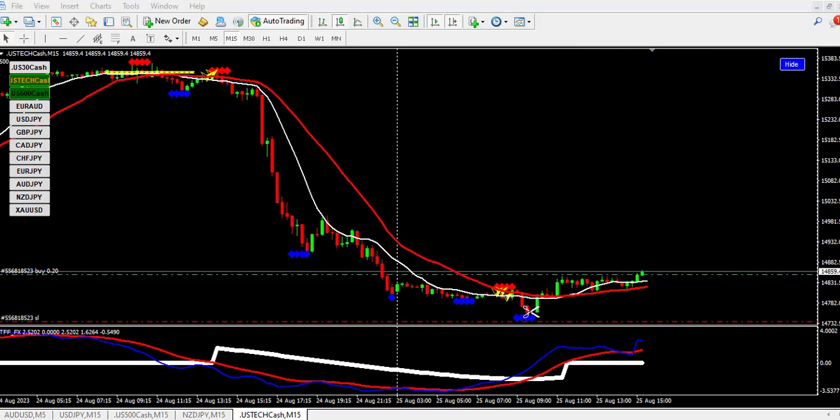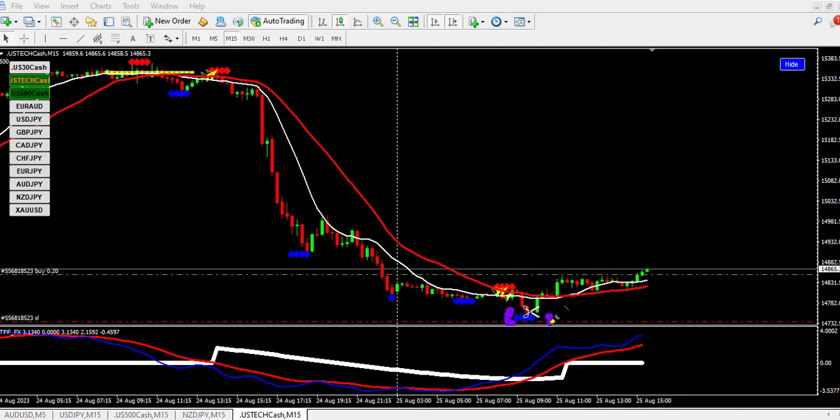At this particular point here, I have the blue dot, let me change the color. I have the blue dot at this point for a buy, followed by this scissors indicator, the same indicator.